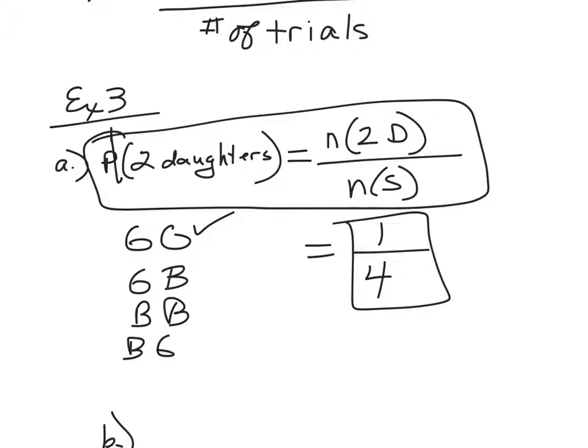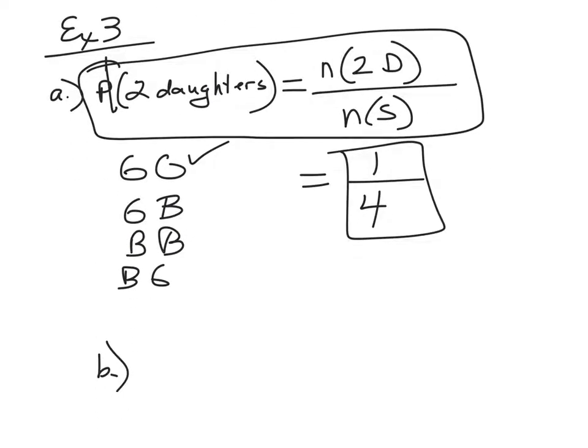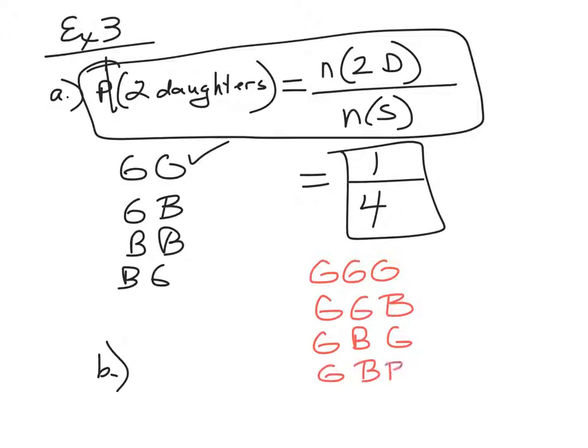Well, if I have 3 children, then my sample space could look like the following. I could have girl, girl, girl, or girl, girl, boy, or girl, boy, girl, or girl, boy, boy.